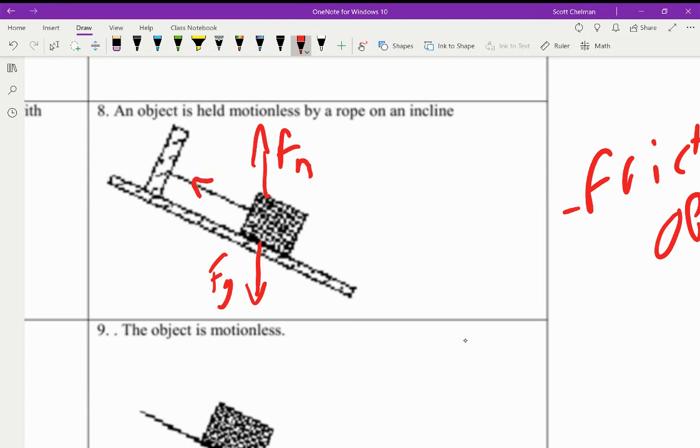You have tension this way, and just put F of T. That's what's going to balance out gravity. And again, the tension on that is less than what it would be if it was just hanging from the ceiling with the same object, because you can see how the angle has changed, so it's not going to get the full effect of gravity.